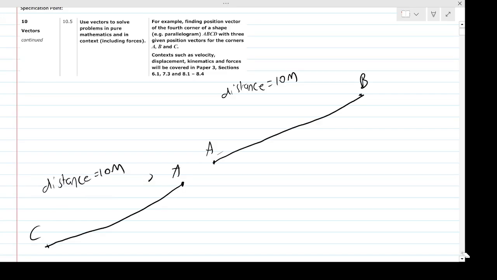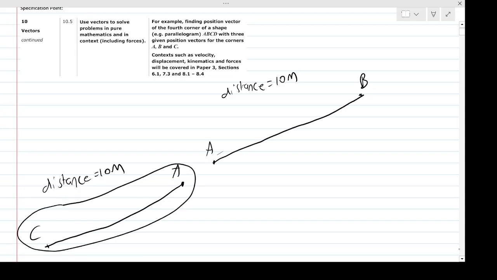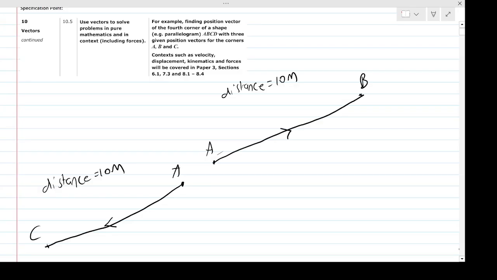Okay, so you can see in either scenario, in this first scenario from A to B, the distance is 10 between those 2 points, and it's also the same distance of 10 from A to C. We go from A to B and A to C, but the scenarios are different. If we just looked at the number for the distance, it's 10 meters either way.